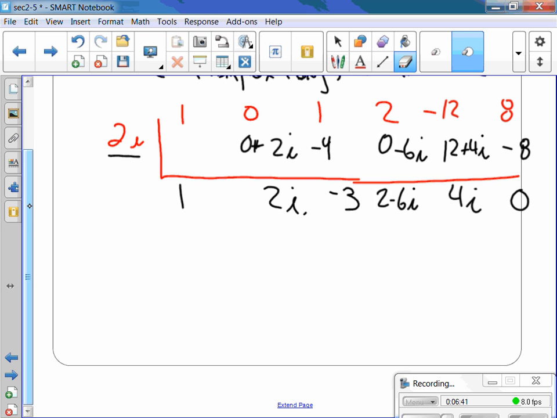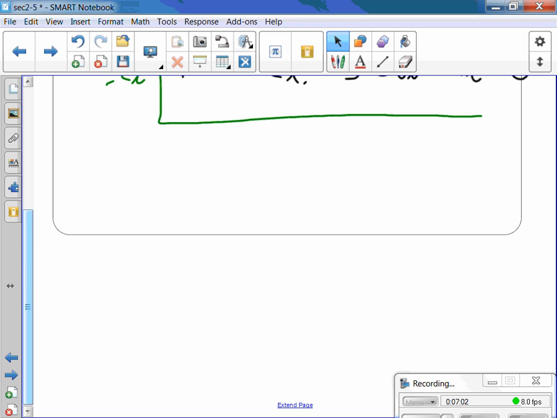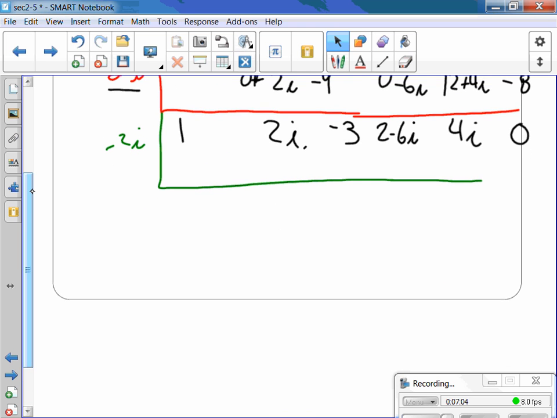What is that? Negative 2i. So we can go ahead and divide by negative 2i, using these new coefficients, instead of rewriting the problem. So, drop down my 1.